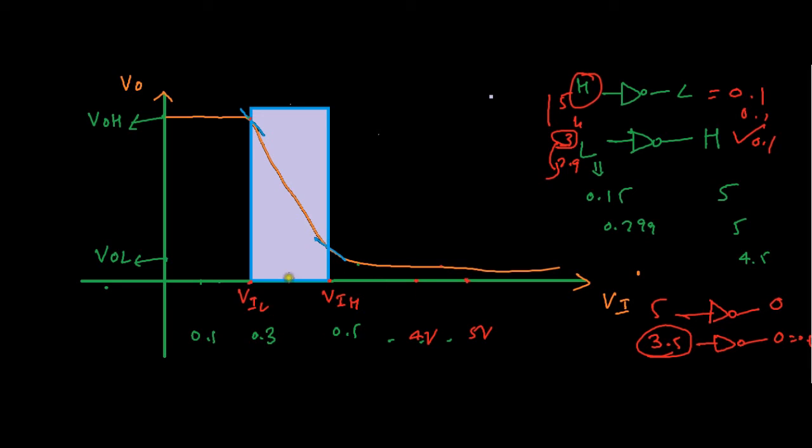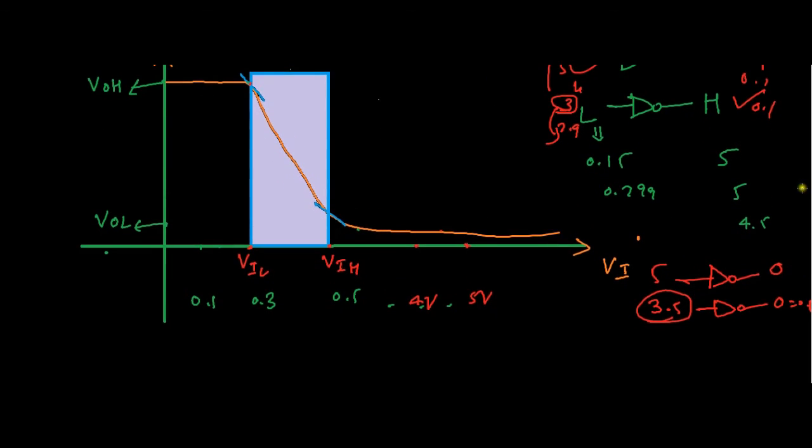As you can see in this graph, all represent voltage, even the vertical axis and horizontal axis. So comparing this, I can write the condition. VOH is the maximum, so VOH will come first. Next comes VIH, because it is the maximum point in the horizontal x-axis, and in the vertical axis, VOH is the maximum point. So VOH is greater than VIH.